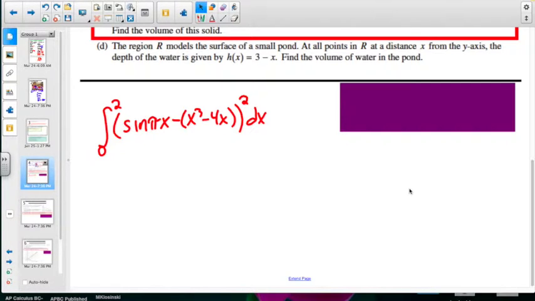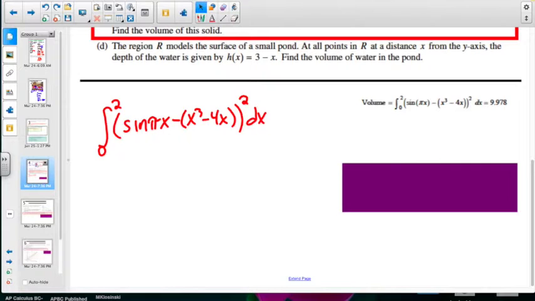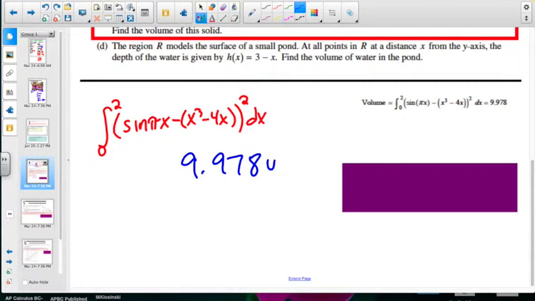You want to get those easy points. That's it. Okay, so if we are getting 9.978 units cubed, then you're doing okay.